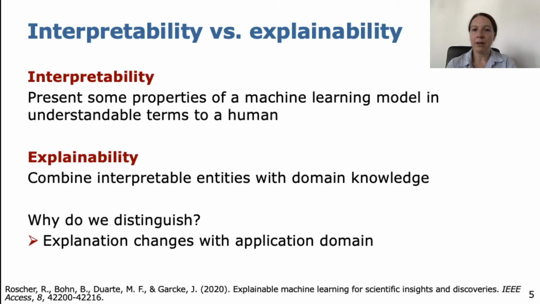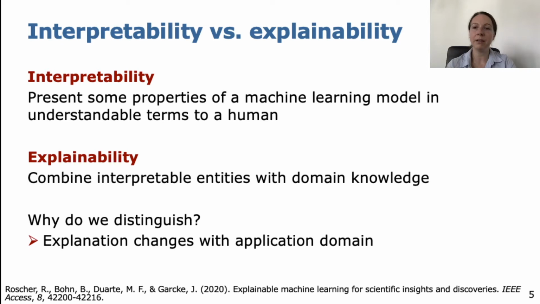And when my colleagues and I worked on this topic, we realized there's no unique definition of explainability and no clear distinctions to the term interpretability. So we came up with definitions, and interpretability we see as to present some properties of a machine learning model in understandable terms to a human.